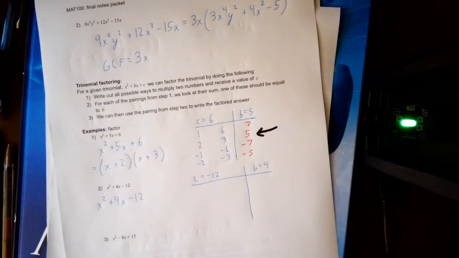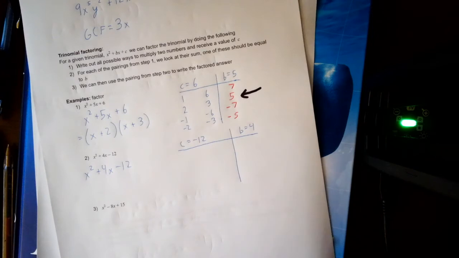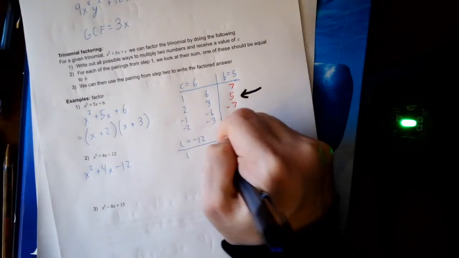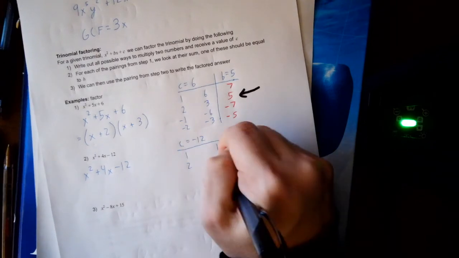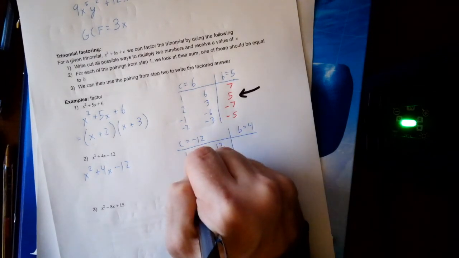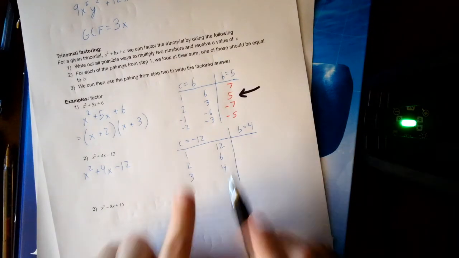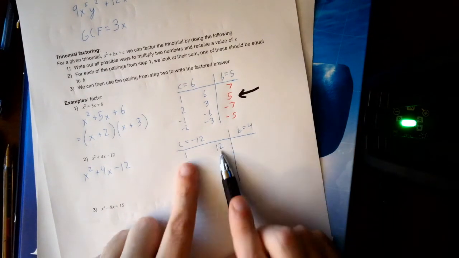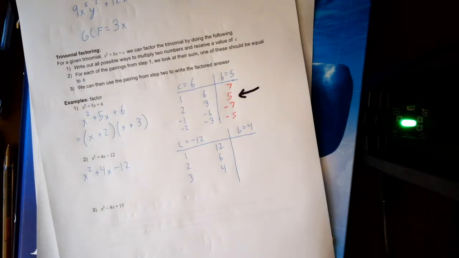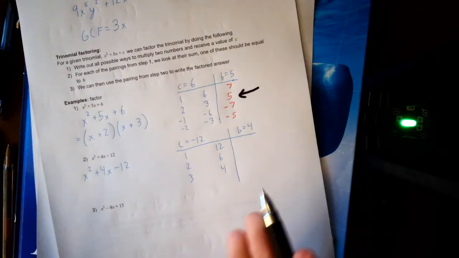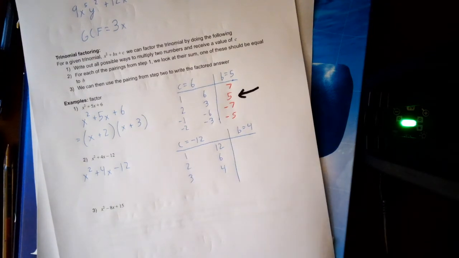Now, there's a bunch of ways to multiply to 12. 1 times 12, 2 times 6, and 3 times 4. Now, none of these give me negative 12 multiplied. They're all positive. I need to make one of the numbers negative in order to multiply to a negative number, right? A negative times a positive is a negative. So I need to make one of these negative.